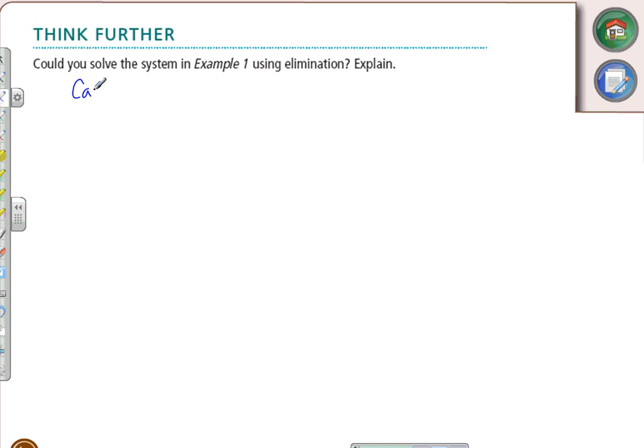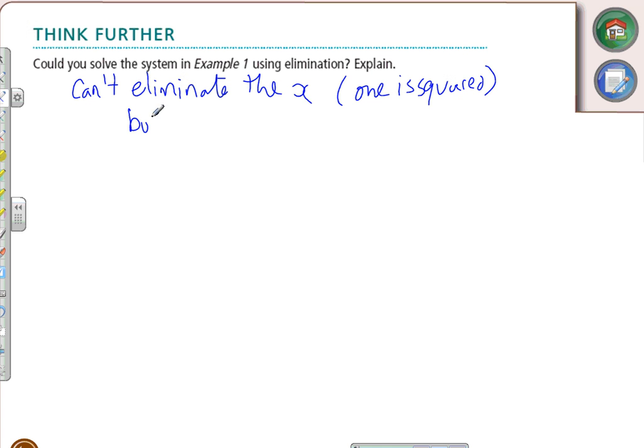So we can't eliminate the x, because one is squared, but we could eliminate the y. What that's going to do is give you a quadratic with an x squared and an x left in it, and then you would factor just the same.